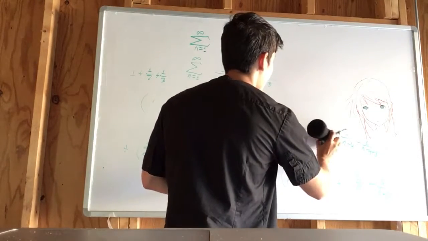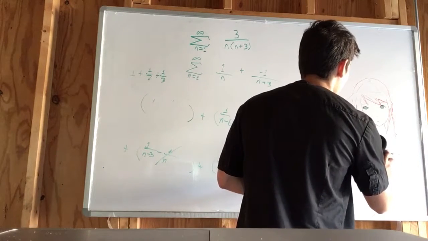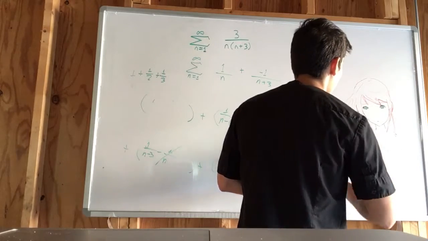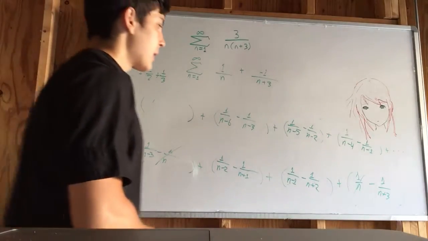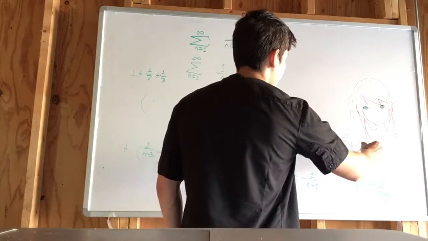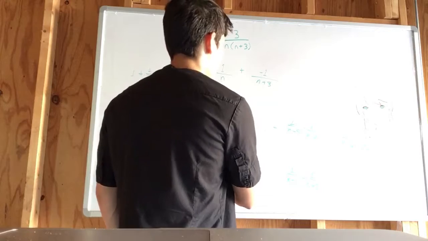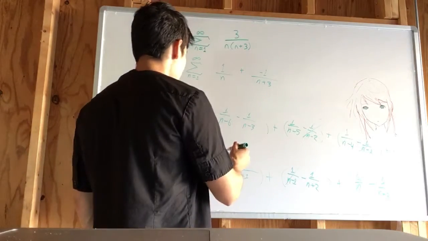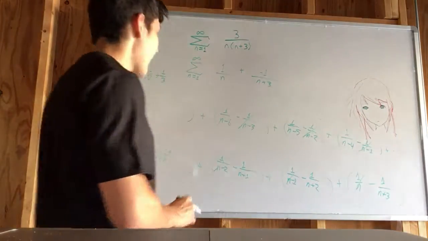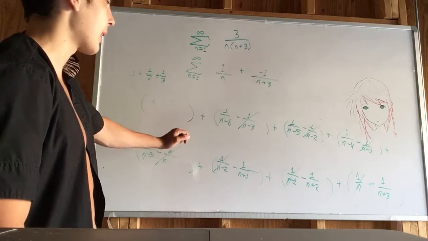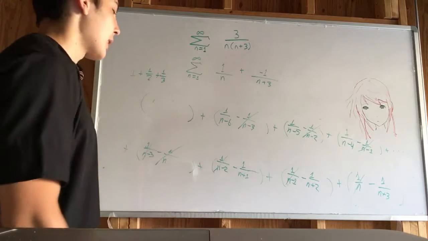This would give us n minus 2. N minus 1. And now we can see this one goes away with this one. This one goes away with this one. And we can assume that this pattern would have continued all the way back at this point. You could tell that that entire thing is just going to keep canceling itself out.